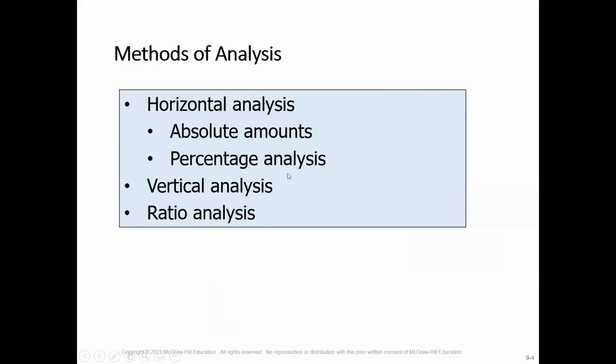So horizontal analysis, vertical analysis, we also employ ratio analysis, which we will go through many of those ratios, and the ratios are carved into separate categories as to what does this ratio measure?